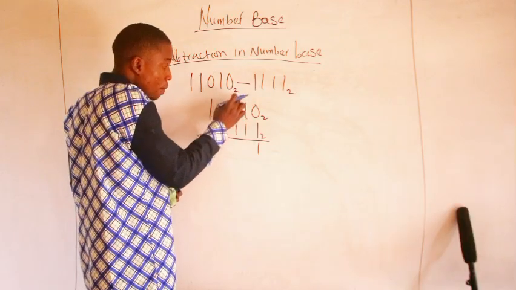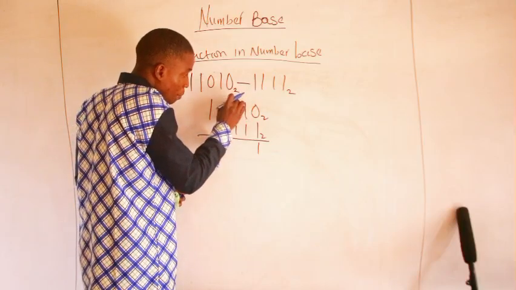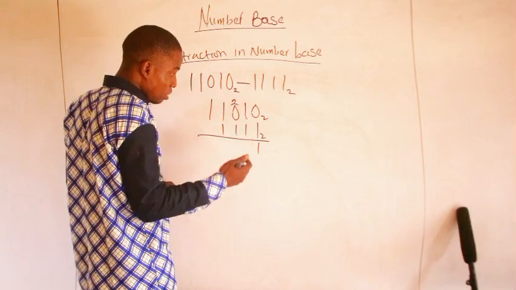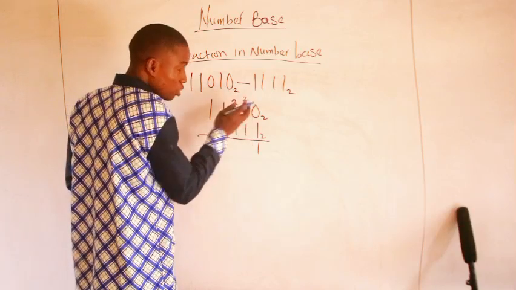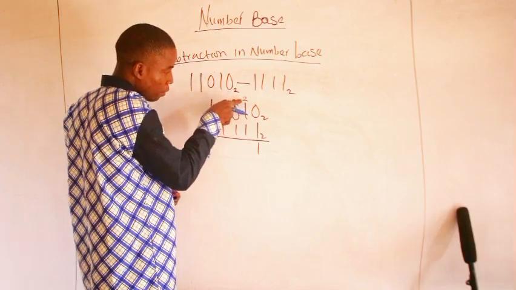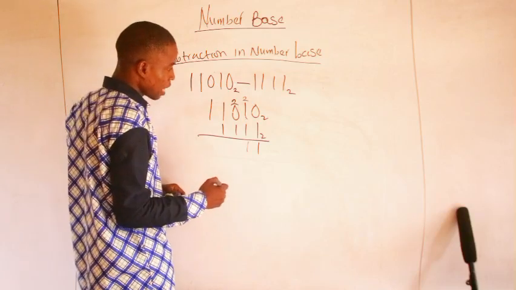You add this one, it's still 2. Borrow 1 from this one, join to this place. When you borrow 1, it will turn to base. Are you hearing me now? And this one will turn to base 2. And 1 minus base 2 will now be 1. Are you getting me now?